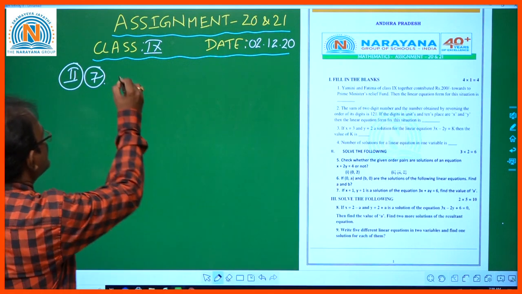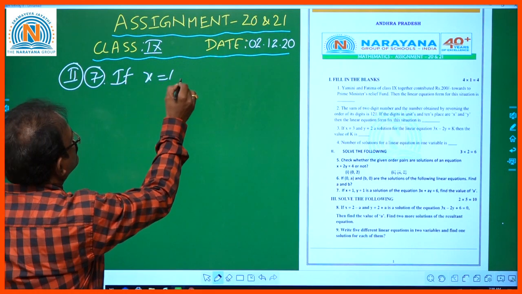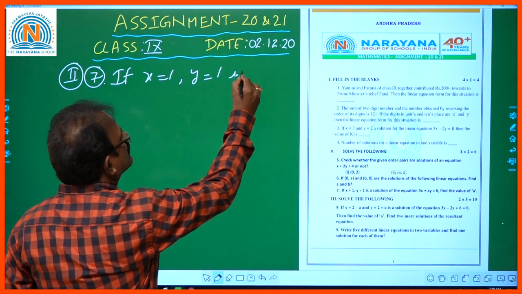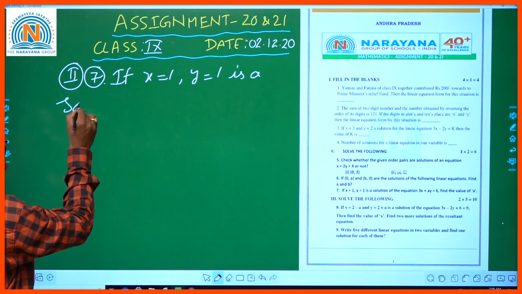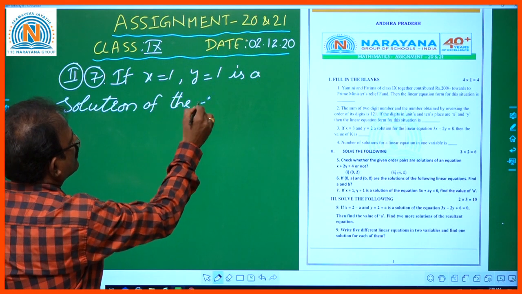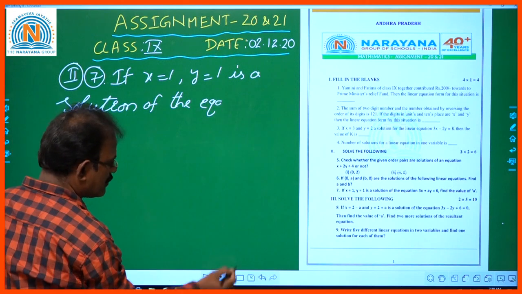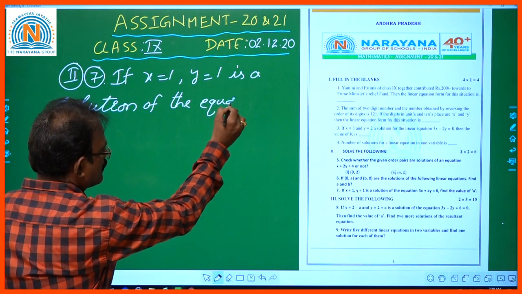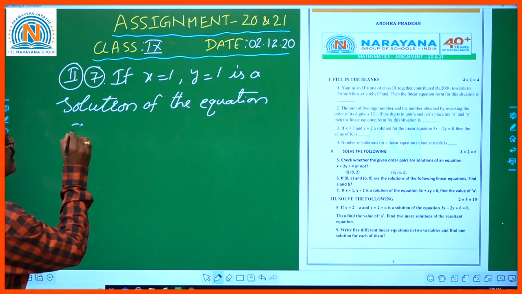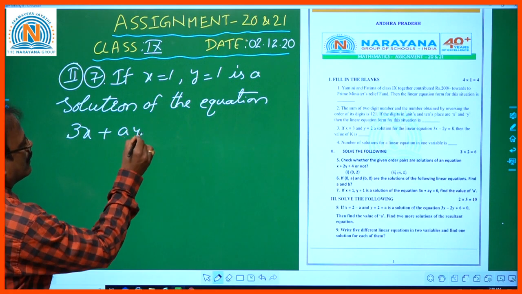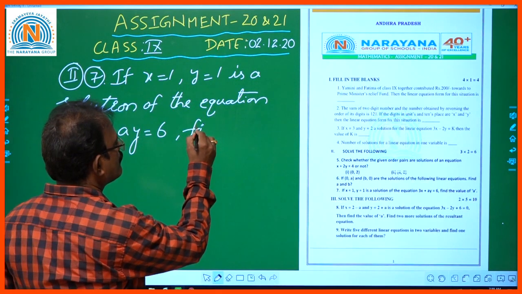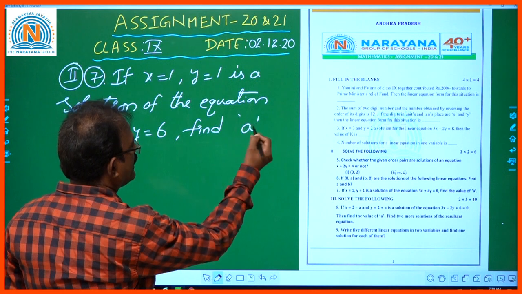If x is equal to 1, y is equal to 1 is a solution of the equation 3x plus ay is equal to 6, then what is the value of a? Find the value of a.